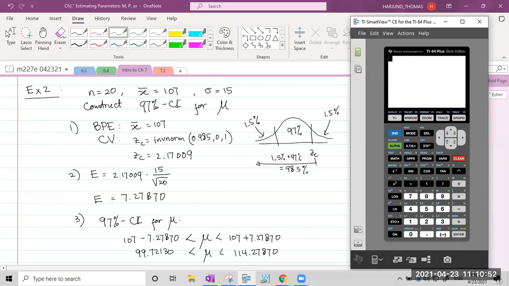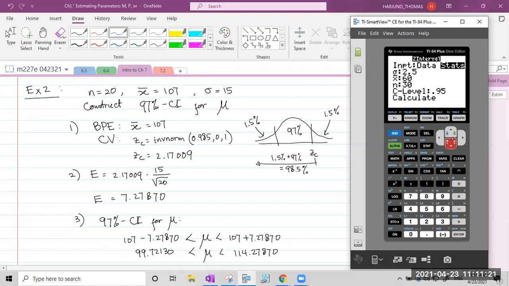Now we start from pressing stat, not distribution. You go to stat, and then you move your cursor to test, and then you scroll down to number 7. On my calculator here it is number 7, the Z interval. Now the input will be statistics, which means you will give them the sample mean instead of the raw data.